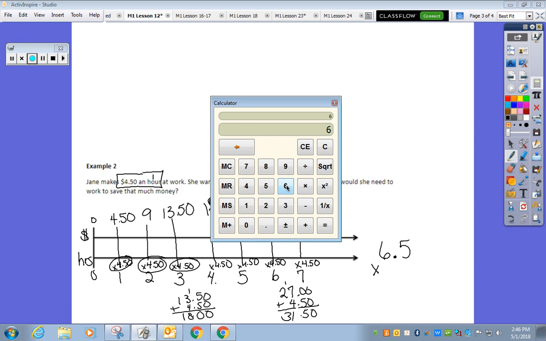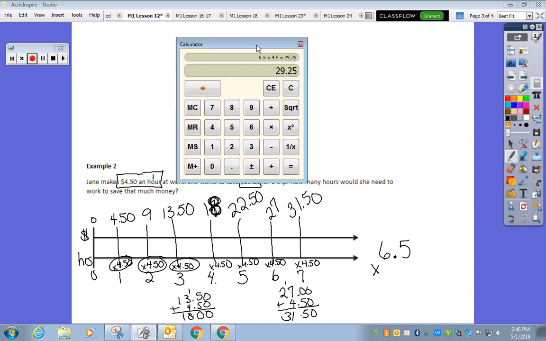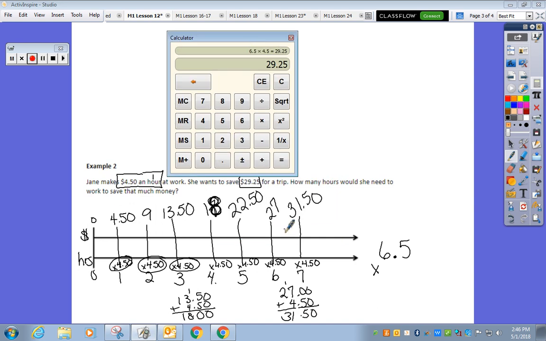I'm going to do 6.5 hours times the $4.50 and see where it would fall. So it's actually going to fall between two numbers. 6.5 hours would give me that 29.25 that I'm looking for. So answers may not fall directly on a number that you have. It may fall in between. So you kind of have to work in between your two numbers.